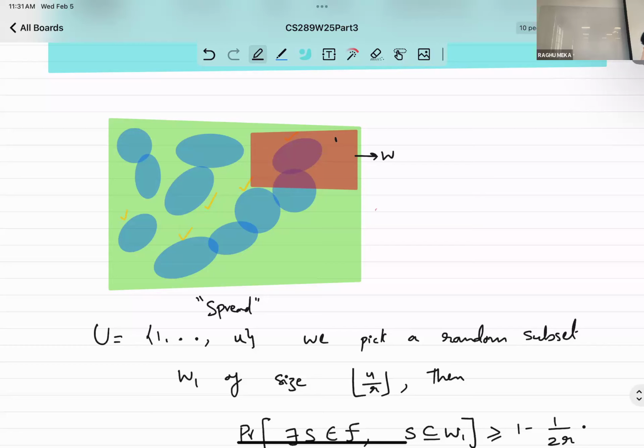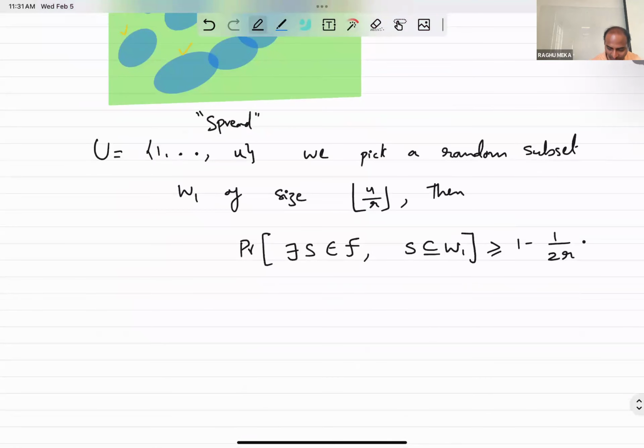Any ideas on how we can do that? Exactly. There are different ways to pick these disjoint sets.